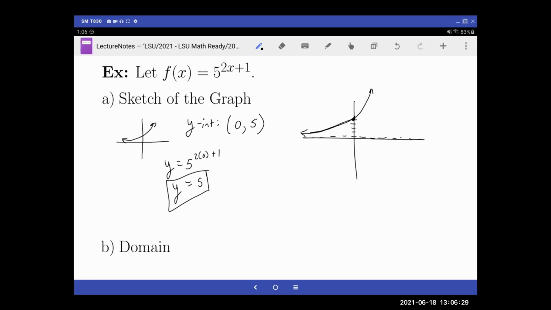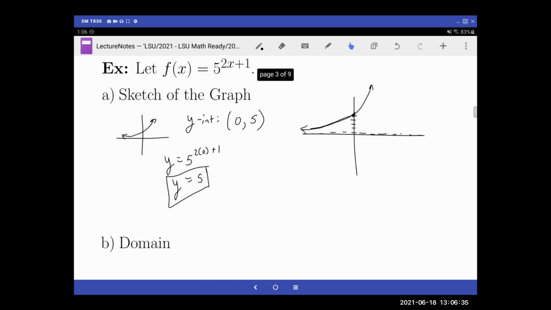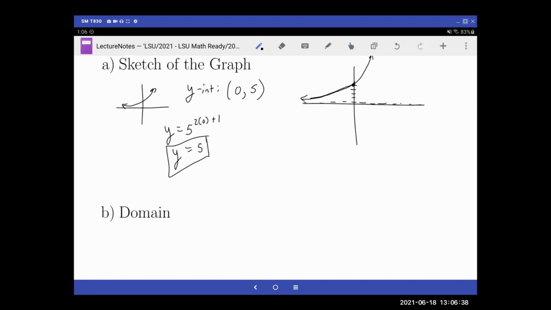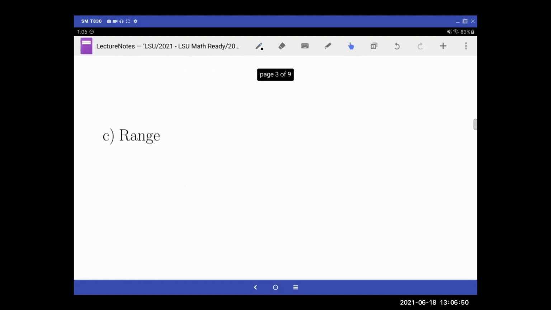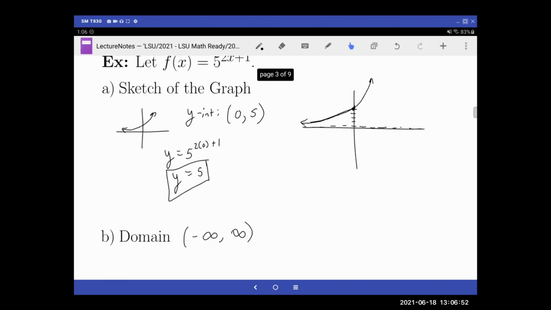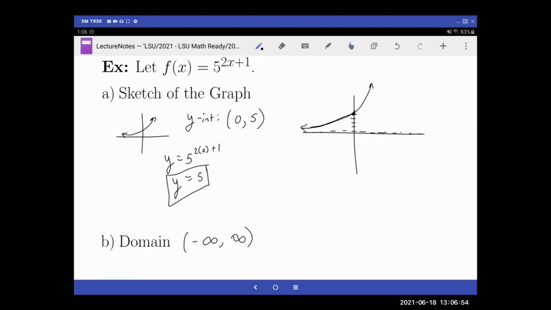From this graph, I can determine the domain is negative infinity to positive infinity, which we already knew, but let's write it out. It goes forever to the left and forever to the right. The range, back to the graph, goes from down here at 0, forever upward, so from 0 to infinity.